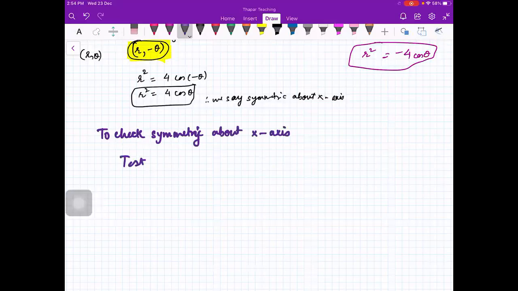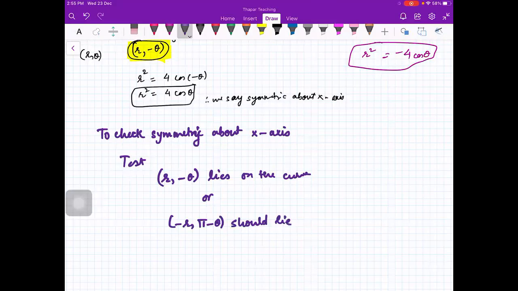The test is whether r comma minus theta lies on the curve, or minus r comma pi minus theta lies on the curve. Is that thing clear to everybody? So you will check this one. If this is satisfied, it is okay. Then you will check this one. If both are not satisfied, then you will say that it is not symmetric about x-axis.